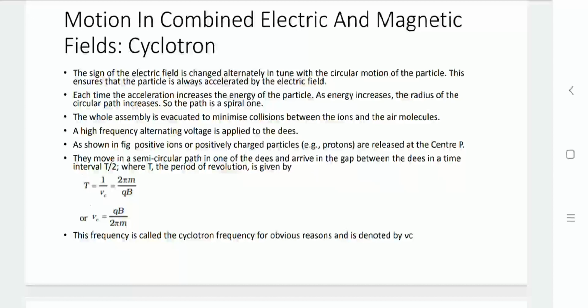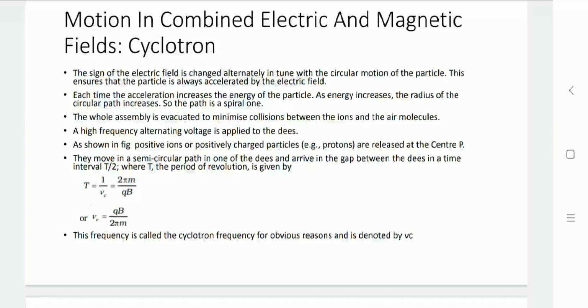Positive ions or positive particles, for example protons, are released at the center, which is denoted as P. They move in a semicircle path in one of the Ds and arrive in the gap between the Ds in a time interval T/2.